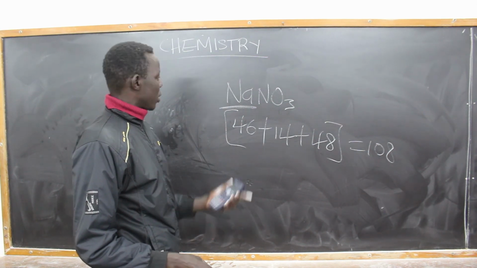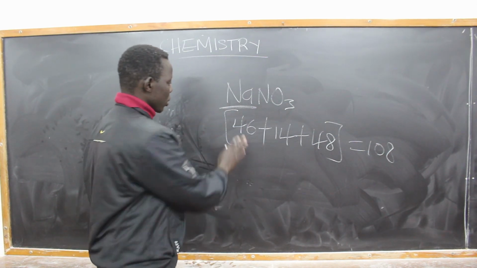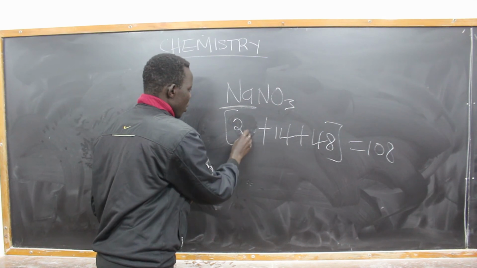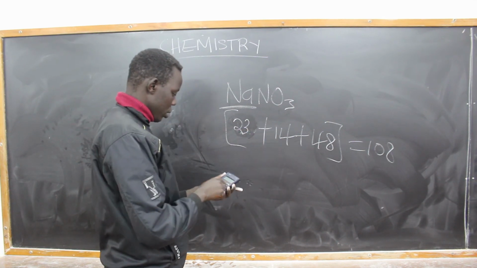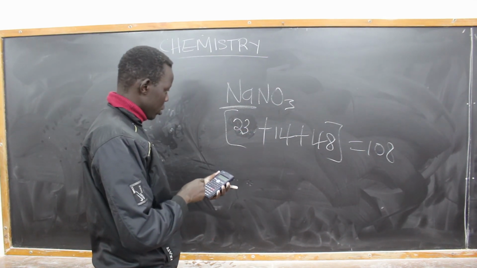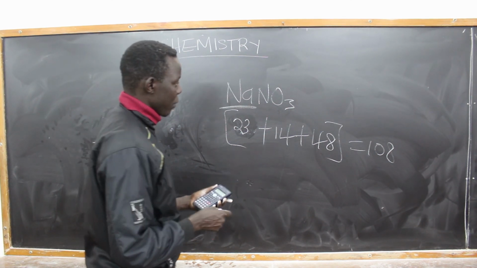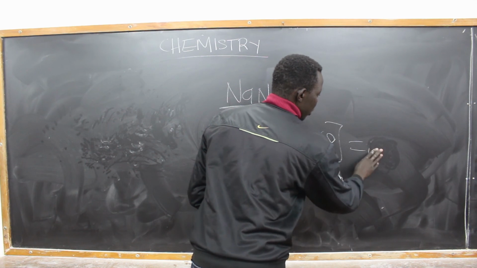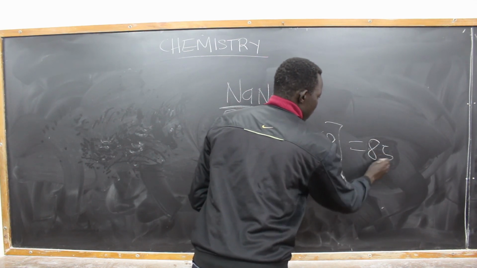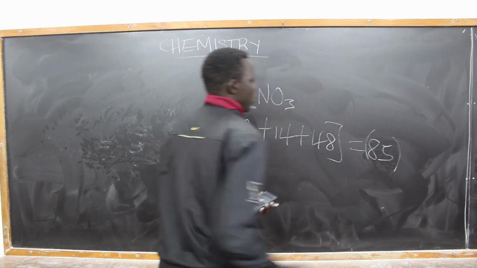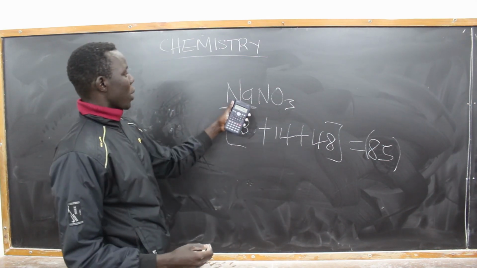Make that correction: 23 plus 14 plus 48 gives us 85. Then for sodium alone it is 23.